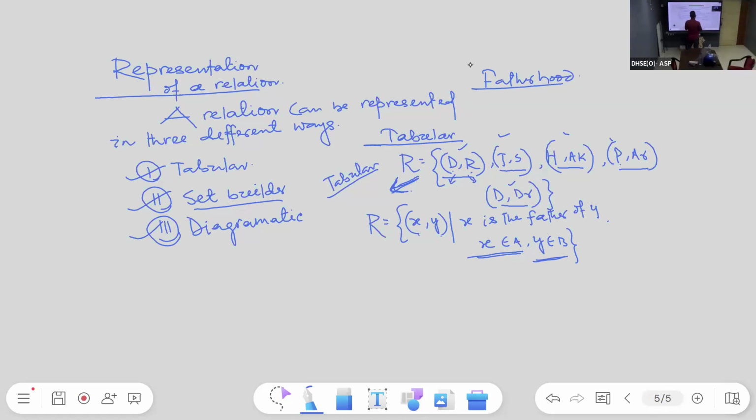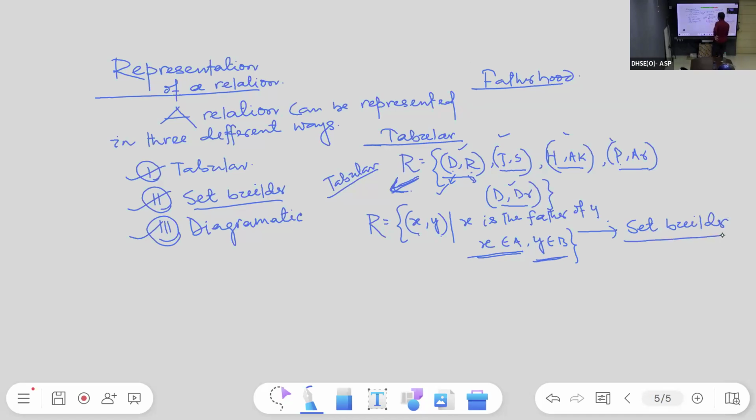This method of representation is known as set builder method. Okay, then come to diagrammatic.